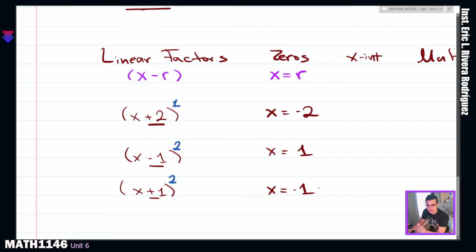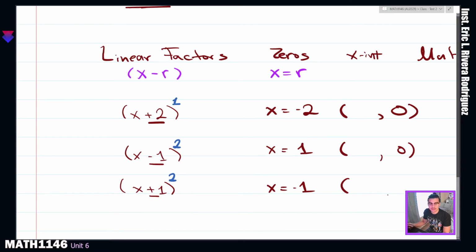Positive 1, negative 1. From the zeros, we can get the x-intercepts because we know that all the y values are going to be 0 because we are working with x-intercepts.